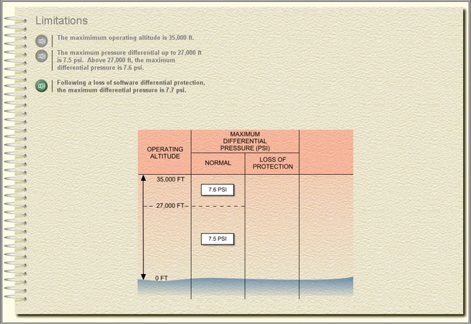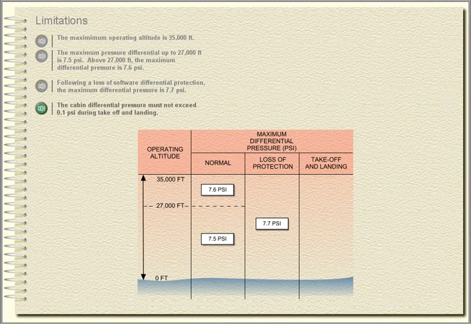Following a loss of software differential protection, the maximum differential pressure is 7.7 psi. The cabin differential pressure must not exceed 0.1 psi during takeoff and landing.